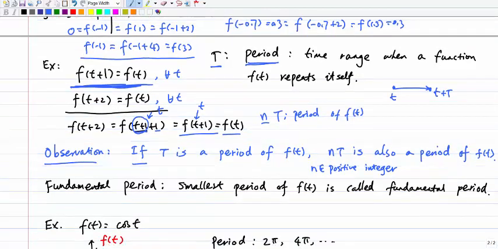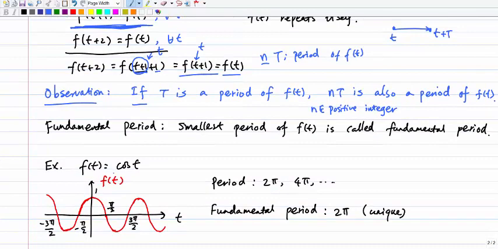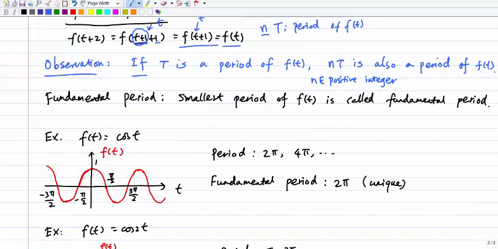We also have a definition called the fundamental period. The smallest period of f(t) is called the fundamental period. For example, if I give you f(t) = cosine t, this is the drawing of f(t): when t is 0 it's 1, when t is pi over 2 it's 0, when t is 3 pi over 2 it's also 0.